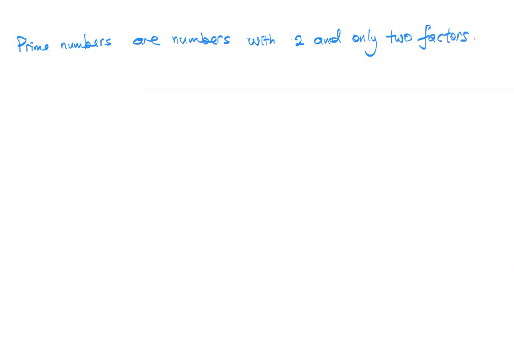Prime numbers are numbers with 2 and only 2 factors. It must have 2 and only 2. It cannot have more than that, and it cannot have less than that also. So 1 is 1 times 1, so you have only 1 factor. Therefore, 1 is not a prime number.